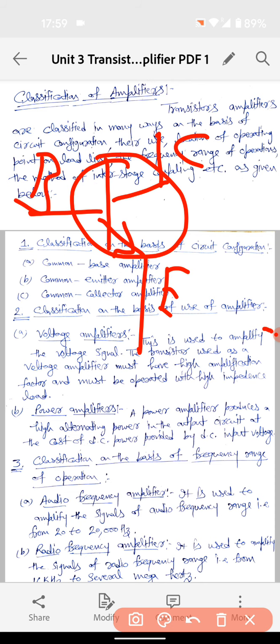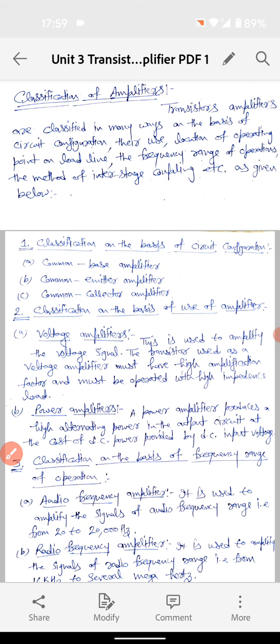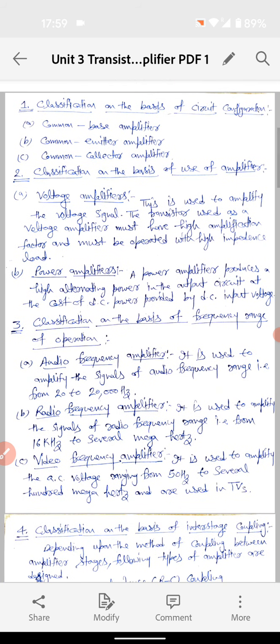Out of these three terminals, which particular terminal have we made common to both input and output? Based on that we define these circuit configurations. If base is common to both input and output, then that will be common base amplifier. If emitter is common, then that will be common emitter, and if collector is common, then that will be common collector amplifier.